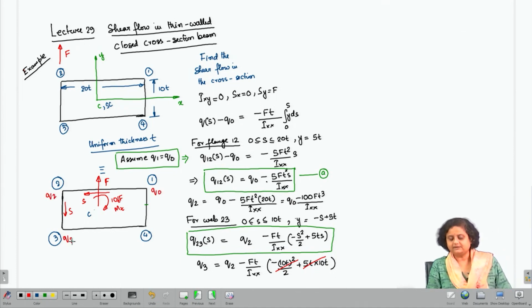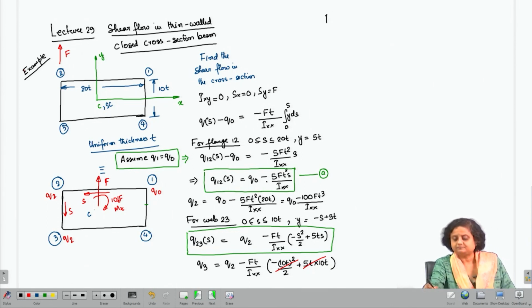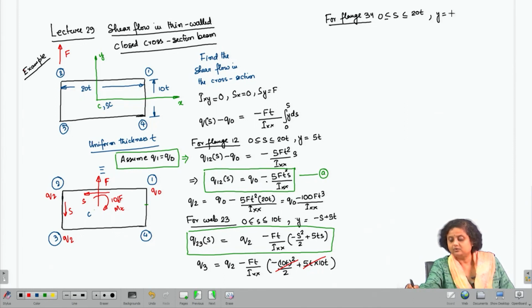Now, let us find out for portion 3 or for bottom flange 3, 4. For flange 3, 4, S is between 20t to 0 and y is going to be minus 5t.